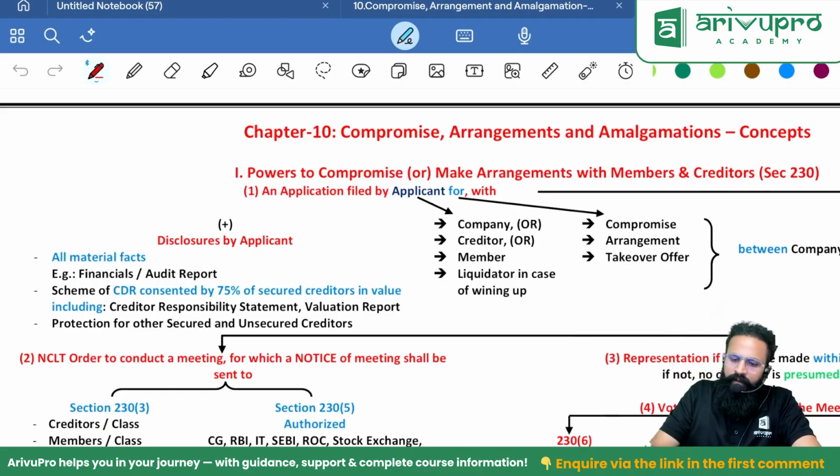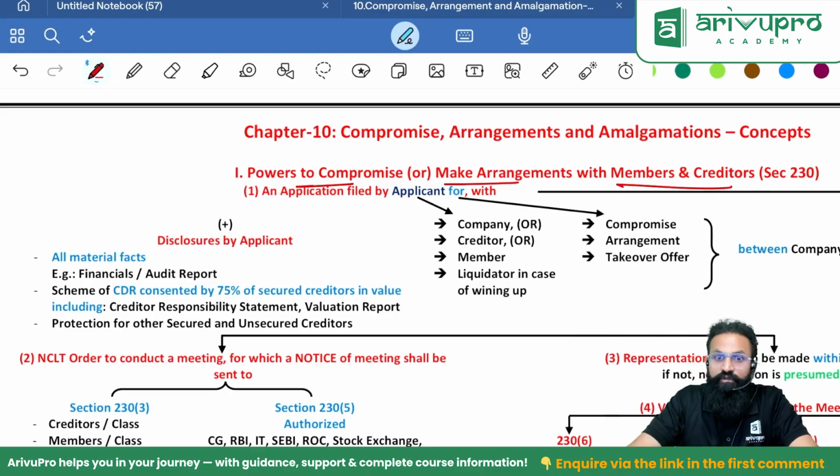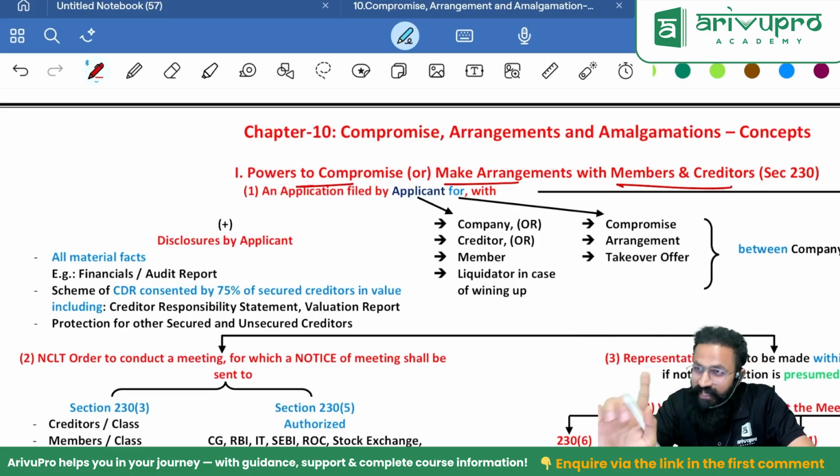Okay, now see that. Powers to compromise or make arrangements with members and creditors. People, now see here. I told you about Section 230, where this particular section was recently looked at. In which topic did we see Section 230? Oppression and mismanagement? Wrong. Sections 241, 242, 244 will come there. Where did 230 come?